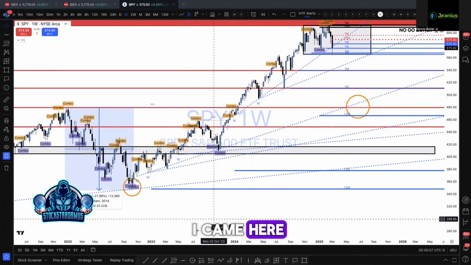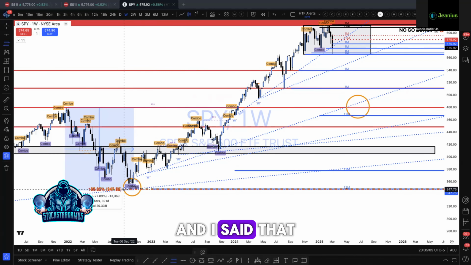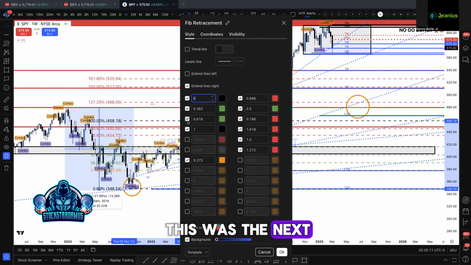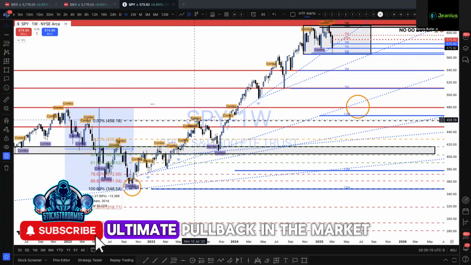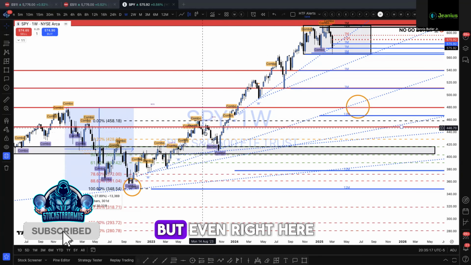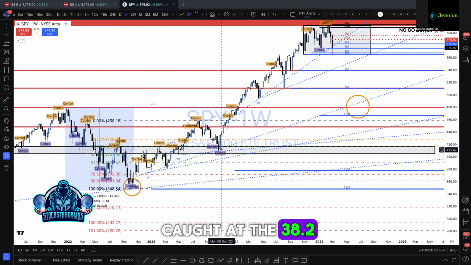It's almost like if I came here and said that this was the next ultimate pullback in the market. But even right here, when it pulled back, the area that it touched, it actually touched close to the 50%, but it kind of caught at the 38.2%.